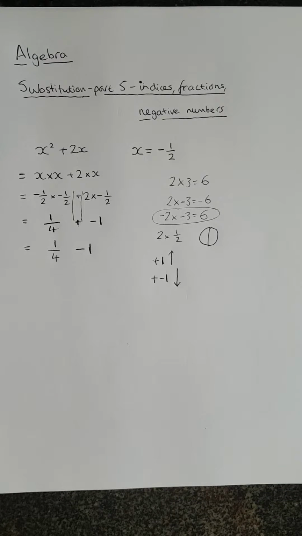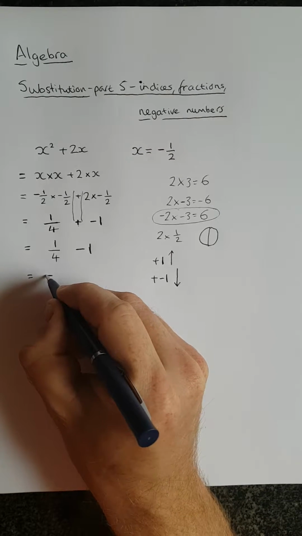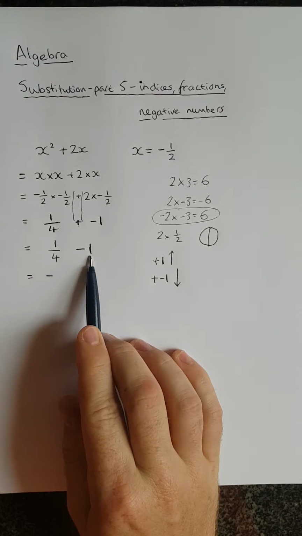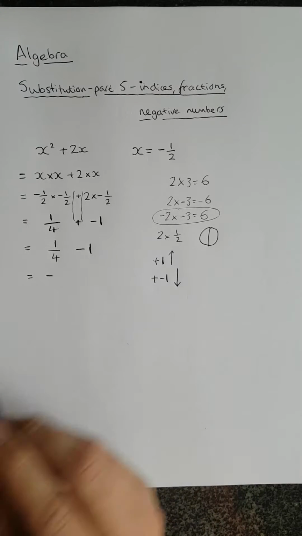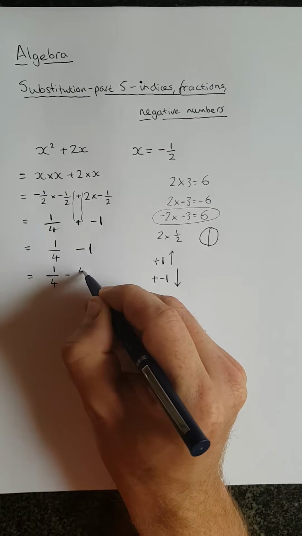A quarter, take away 1. Well, it's going to be negative, so I don't have enough to do it. 1 whole 1 would chop into how many quarters? It would be 4 quarters. So let's actually take time to write a step.